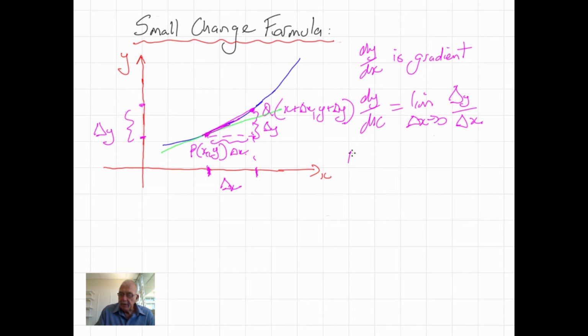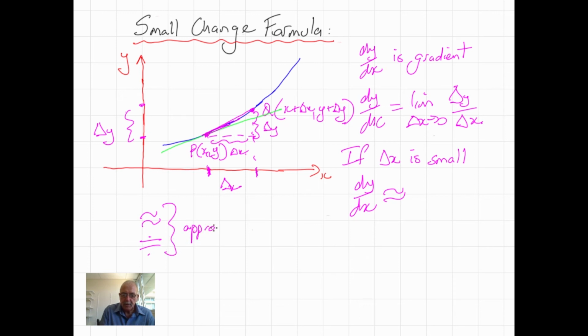Now, if delta x is small, then dy dx is approximately equal to, and there are two symbols for approximately equal to, you can use either of these, both of them mean approximately equals: an equal sign with a dot above and below, or just a squiggly equal sign.